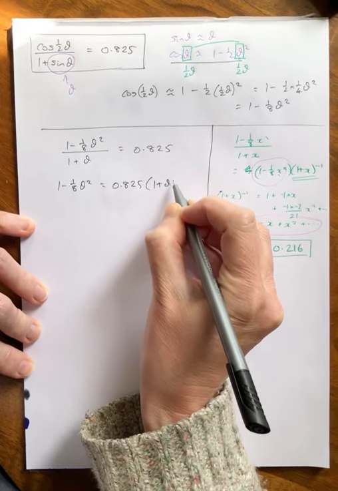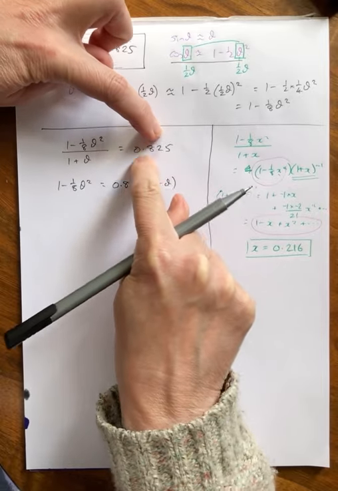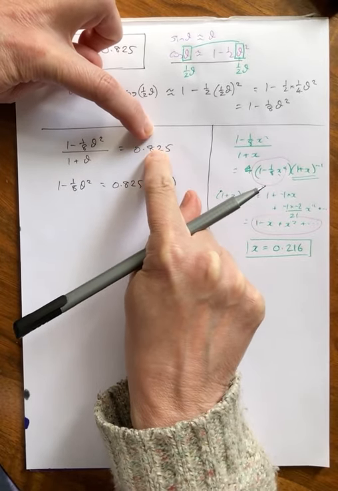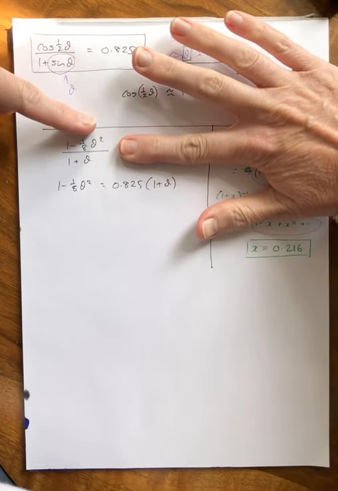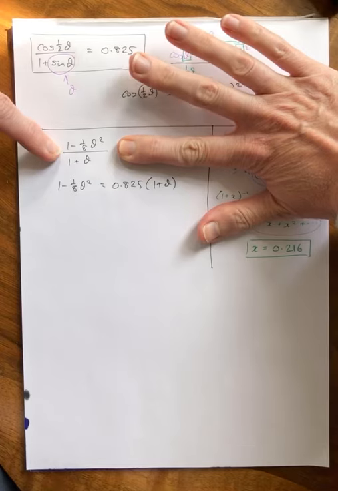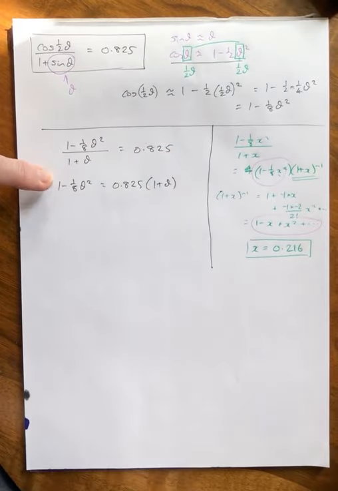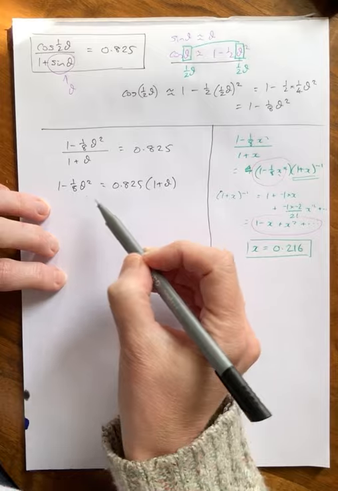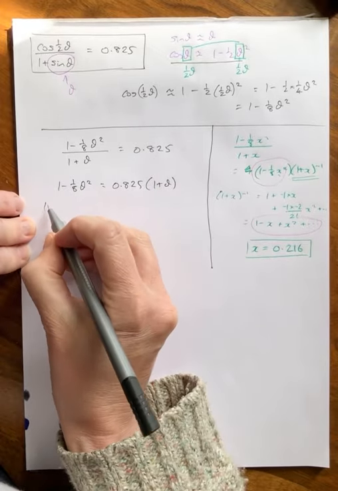Crucially, we couldn't do that last week because we didn't have anything on the right-hand side. It wasn't an equation. You were just given that fraction and asked to express it as a quadratic or a polynomial up to and including x cubed. This, however, is an equation. We've got a right-hand side, so you can do as you would normally do: multiply by the 1 plus theta.